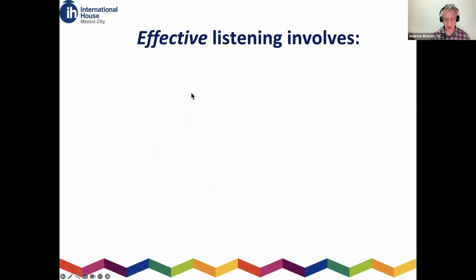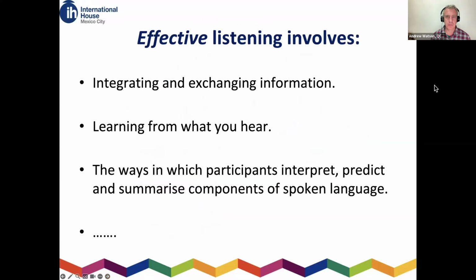So effective listening involves integrating, exchanging information, learning from what you hear. And it's also about the ways in which participants interpret, predict, and summarize the components of spoken language.